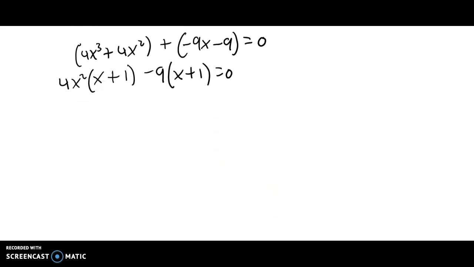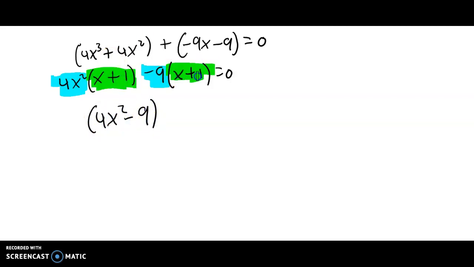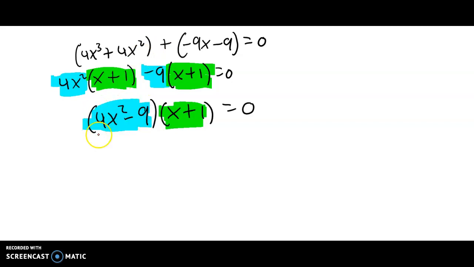Okie dokie. We're going to take these guys here. They're going to form a group. And then our guys in green are also going to form their own group. Okay, let's look at this. So here's my green, here's my blue. My blue looks kind of like a familiar problem. This looks a heck of a lot like difference of squares.